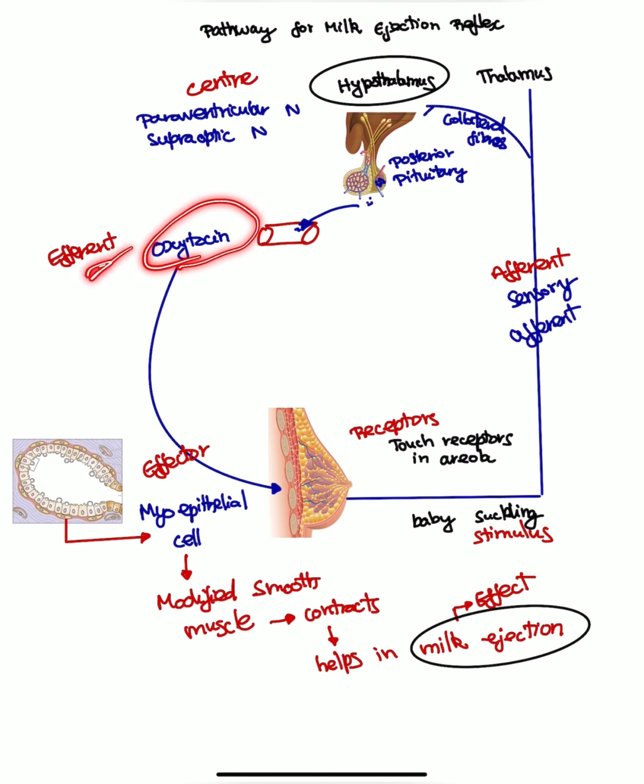So the efferent limb is oxytocin, and the effector on which it is going to act is the myoepithelial cells that surround the epithelial cells in the acinar portion. This myoepithelial cell has a tendency to contract, so when it contracts, it helps in ejection of milk. The effect is the milk ejection. So that is about this milk ejection reflex.